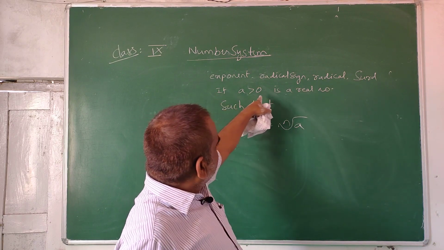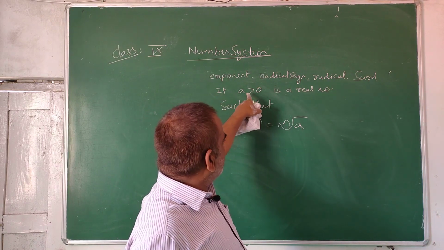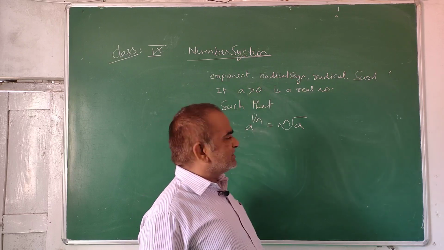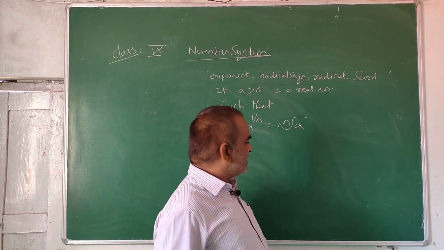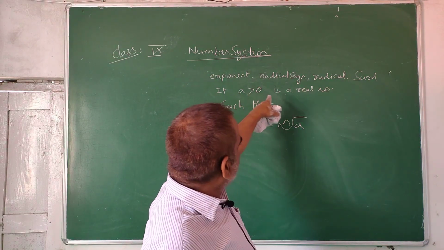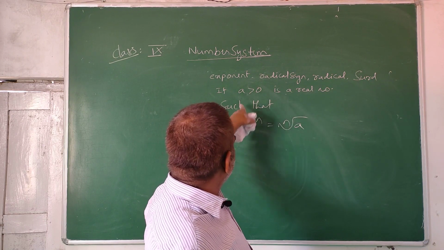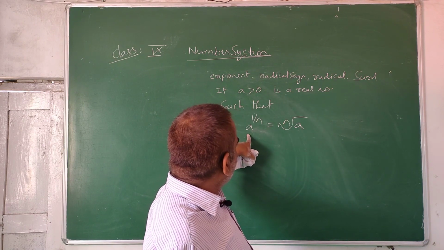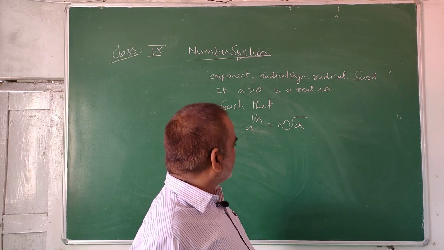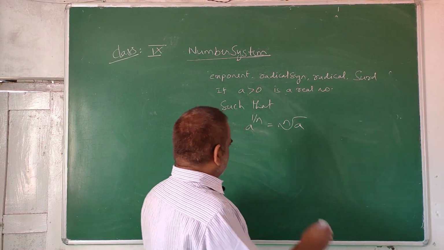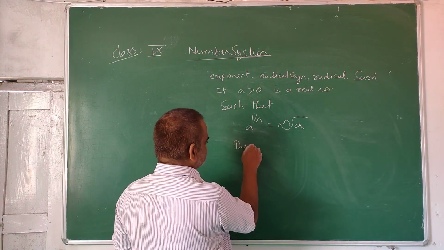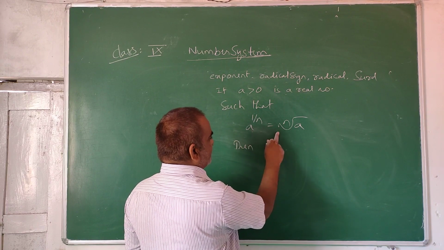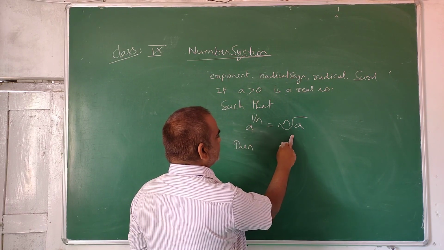If a is greater than 0, it is a positive real number. We are insisting it to be greater than 0. So if a is a positive real number such that a power 1 by n is equal to nth root a, then hereafter a power 1 by n is nth root a.